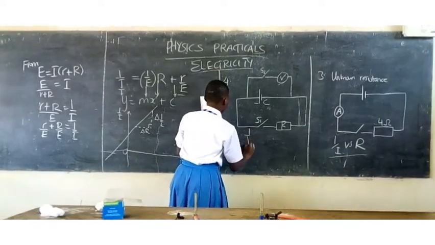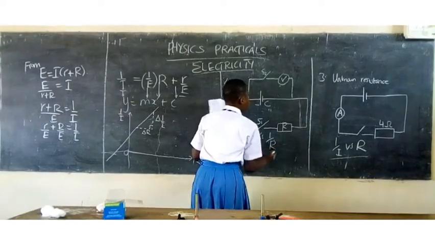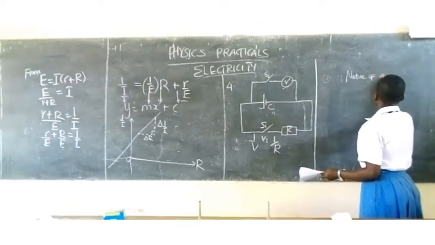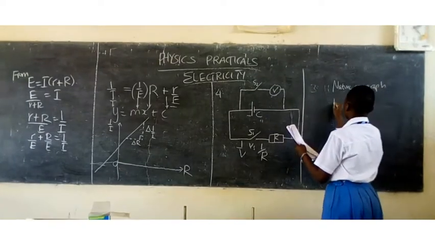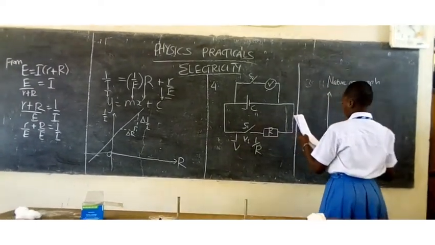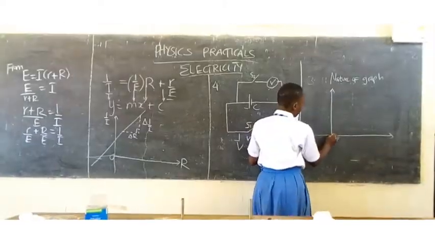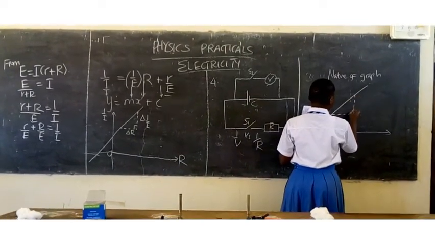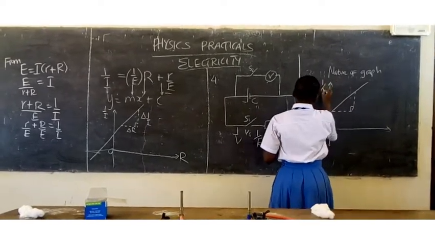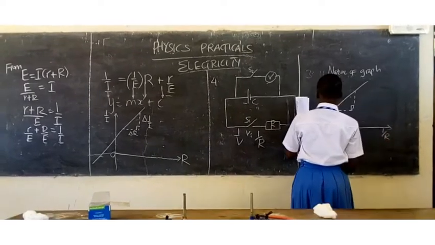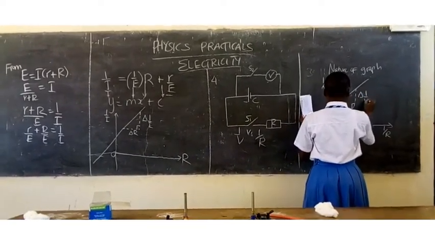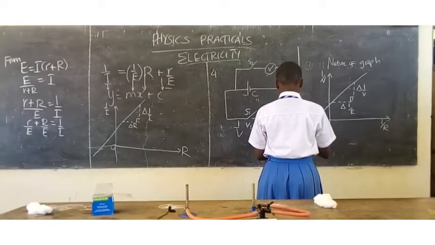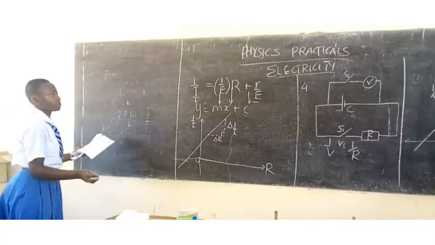The graph of 1 over V versus 1 over R, this circuit structure.